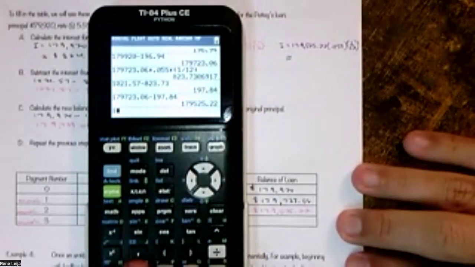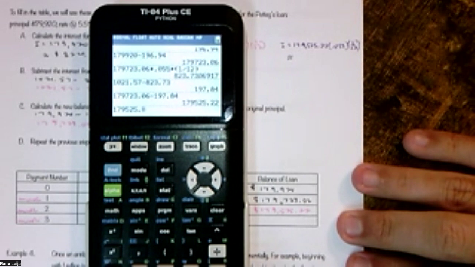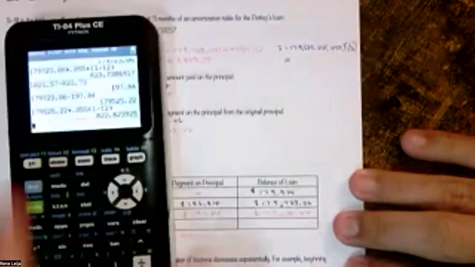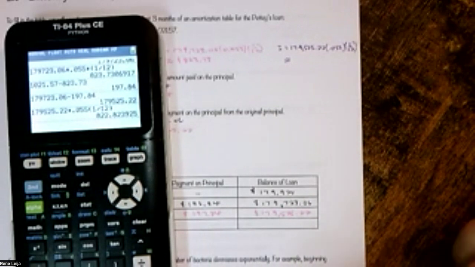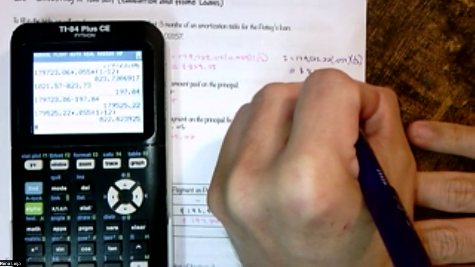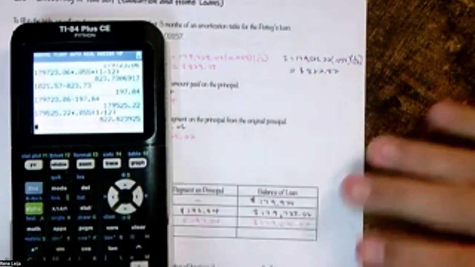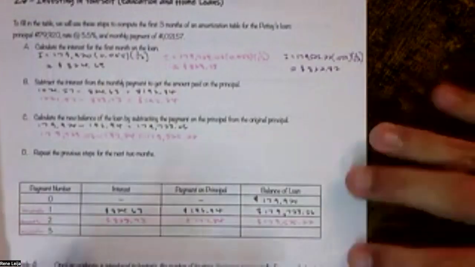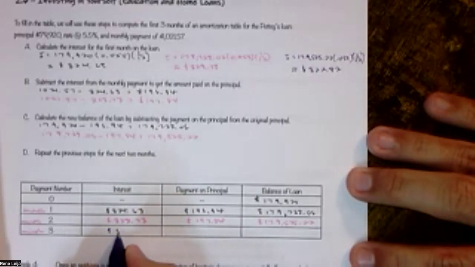Let's get this over. So here we go. 179,525.22 times 0.055 times 1 divided by 12. 822 and 82 cents.